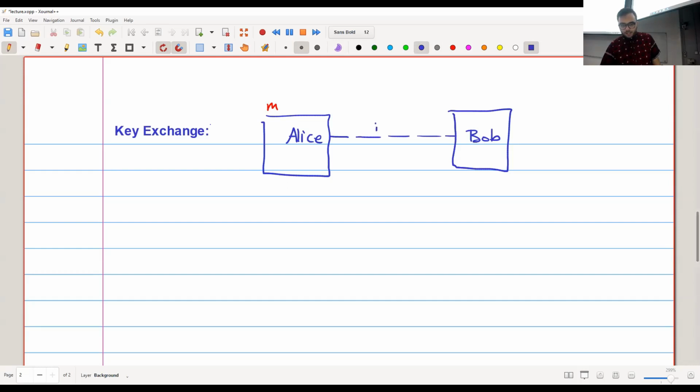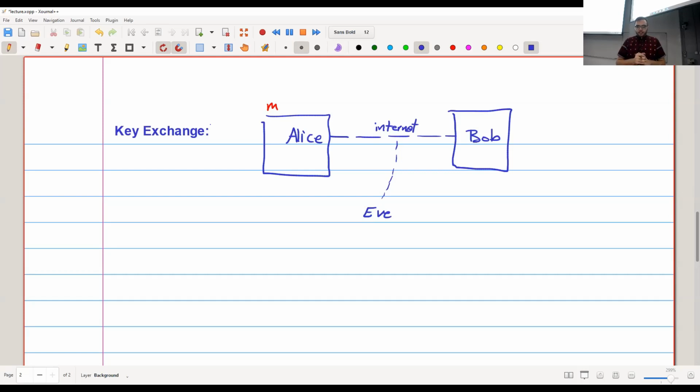Let's say this is the internet, which is not secured. They're using HTTP, let's say. And yeah, we have an attacker, Eve, who's intercepting this. So we want to somehow create a value that both Alice and Bob know, but Eve cannot know, using just messaging on this very unsafe internet.